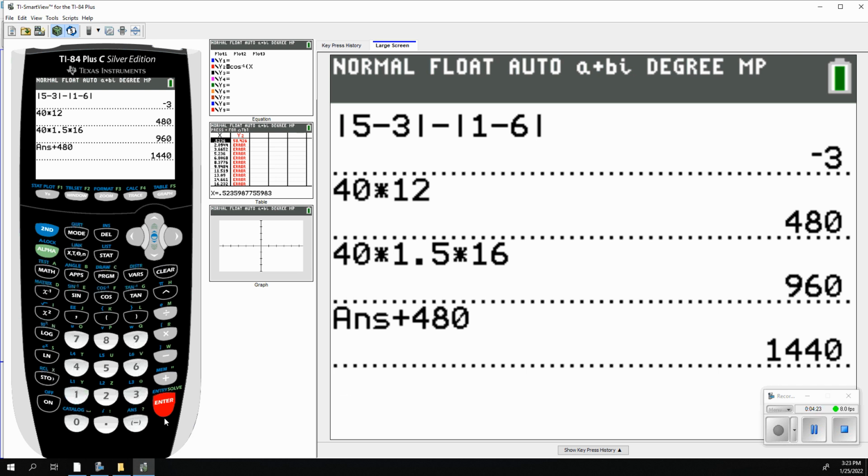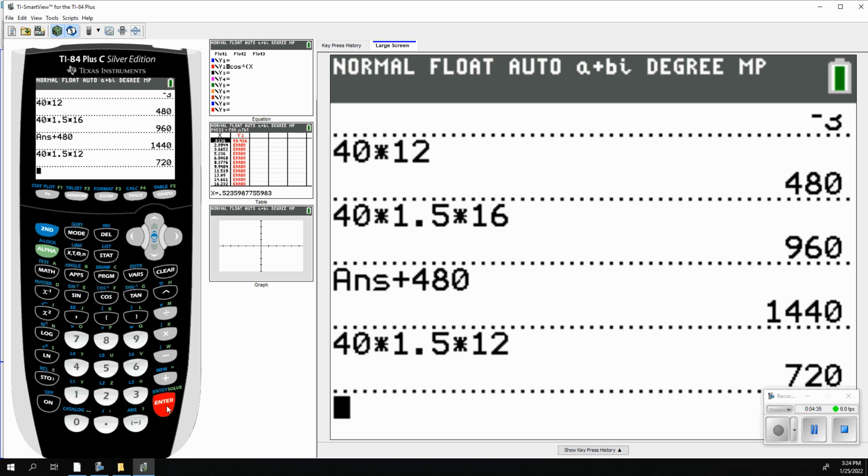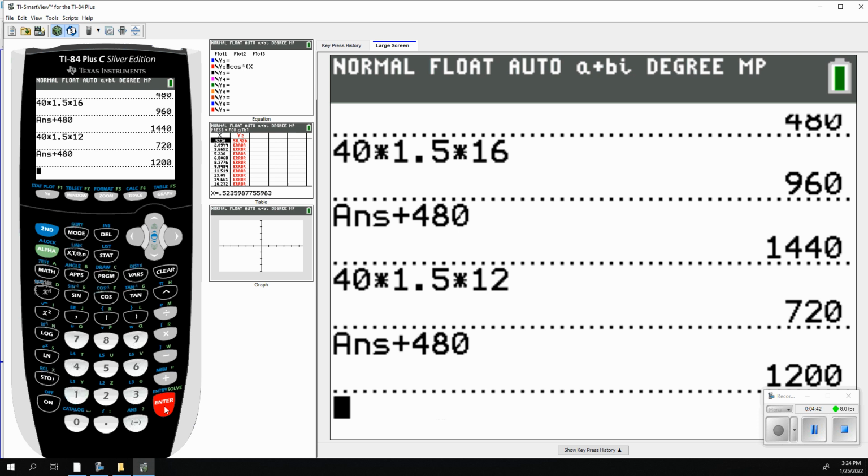What did I mess up? I did $16 an hour, sorry. So it'd be 40 times 1.5 times 12 that you're adding. So it's 480 plus 720. Sorry about that. Anybody can make the mistake.